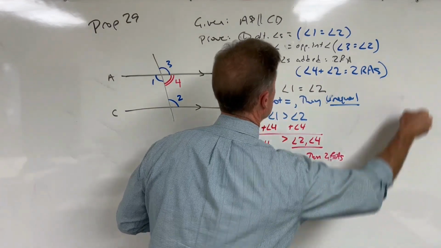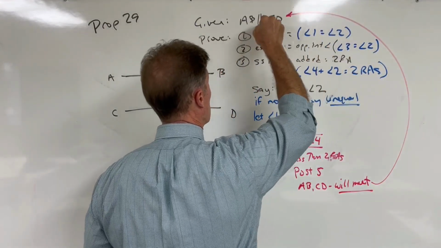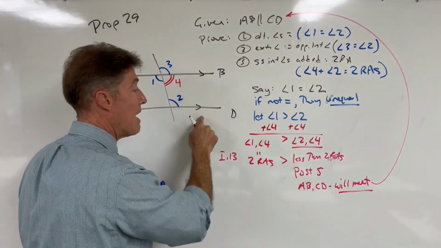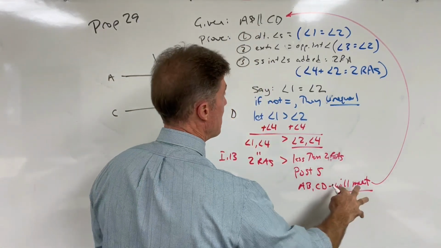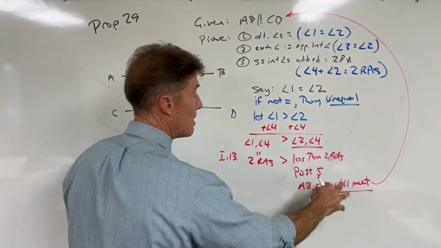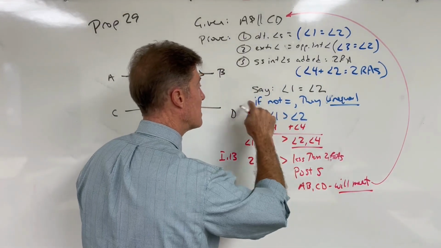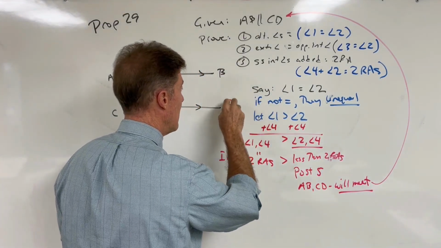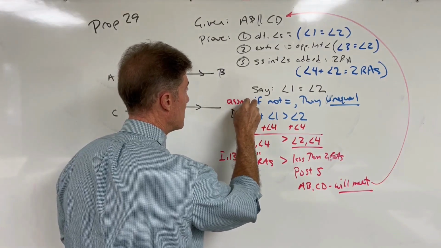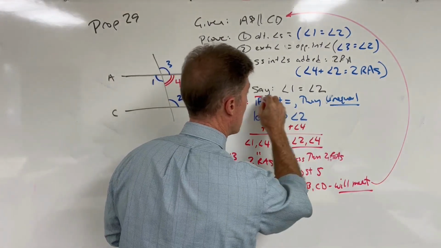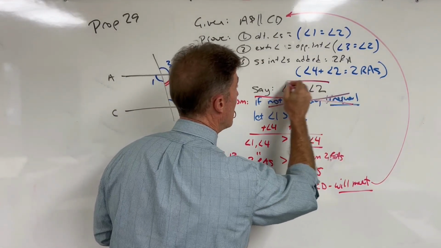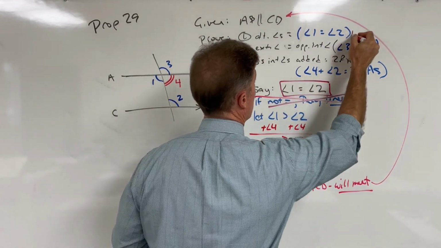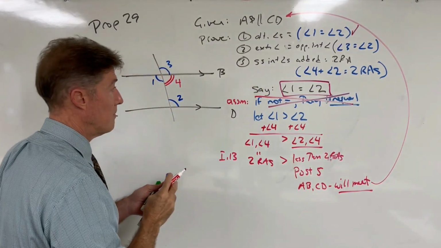Well, the problem with that is that it's contrary to our given, that AB and CD are parallel, which by definition means they will never meet. So they can't meet. Therefore, that's our contradiction, and so the assumption that gave rise to this has to be rejected. Here's our assumption, that these angles are unequal. Therefore, we must reject that, and if they're not unequal, then they are equal. And so that's the first thing that we can prove.